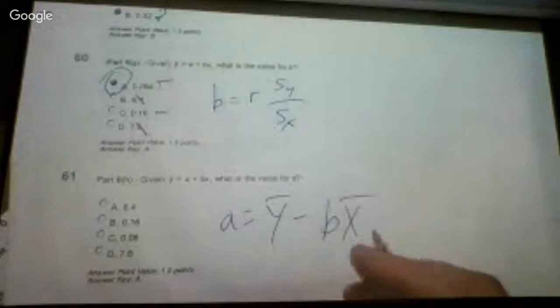Value for A. Said 6.4 on the screen before. 6.4. And again, we say a car is about 7 years old.